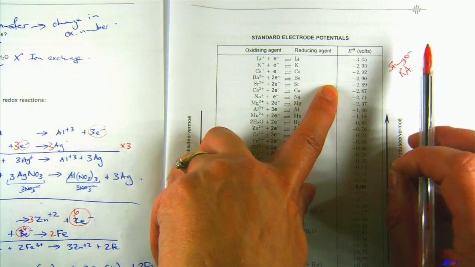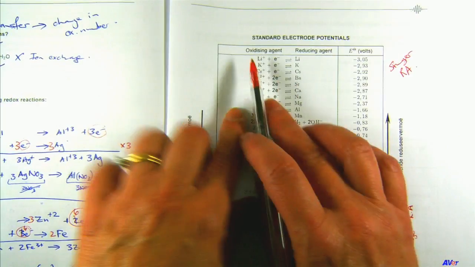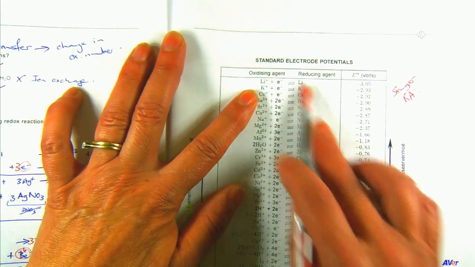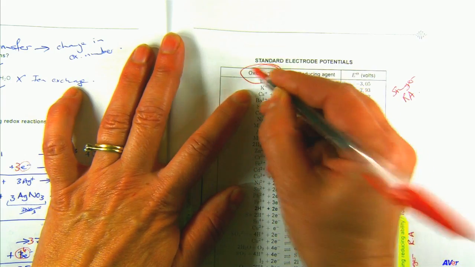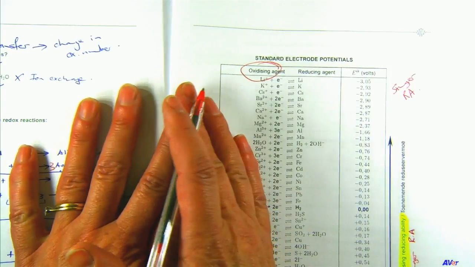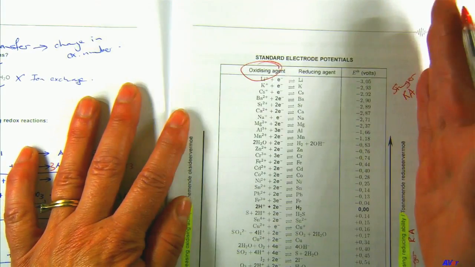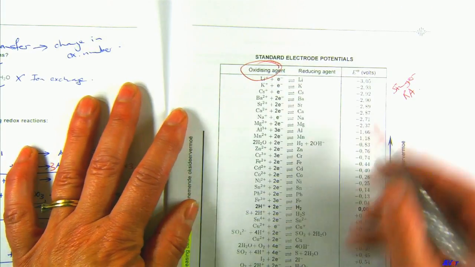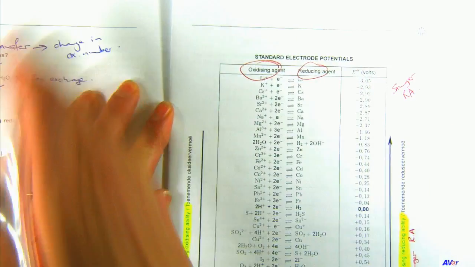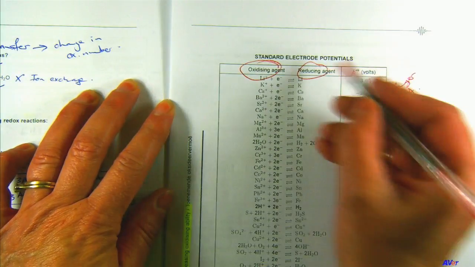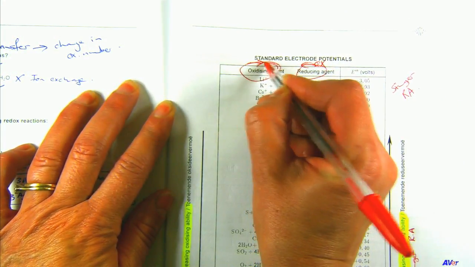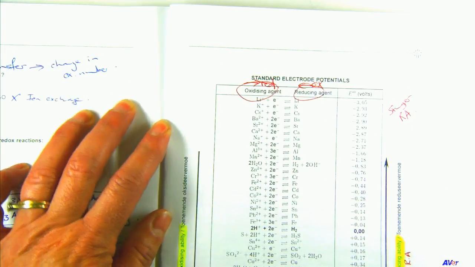That's a reduction, right? The substance that is reducing is the oxidizing agent. So the things on the left-hand side are oxidizing agents, and they react to the right. They reduce. And the reducing agent is on the right-hand side. It reacts to the left. It is oxidizing. So going to that side will be oxidizing. Going to that side will be reducing.